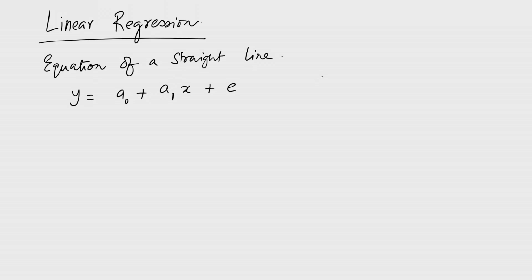And this e actually corresponds to the error or the deviation from each one of those data points given by xi and yi. So, needless to say, a 0 is the intercept, a 1 is the slope, and e is the error of this line from the data points.